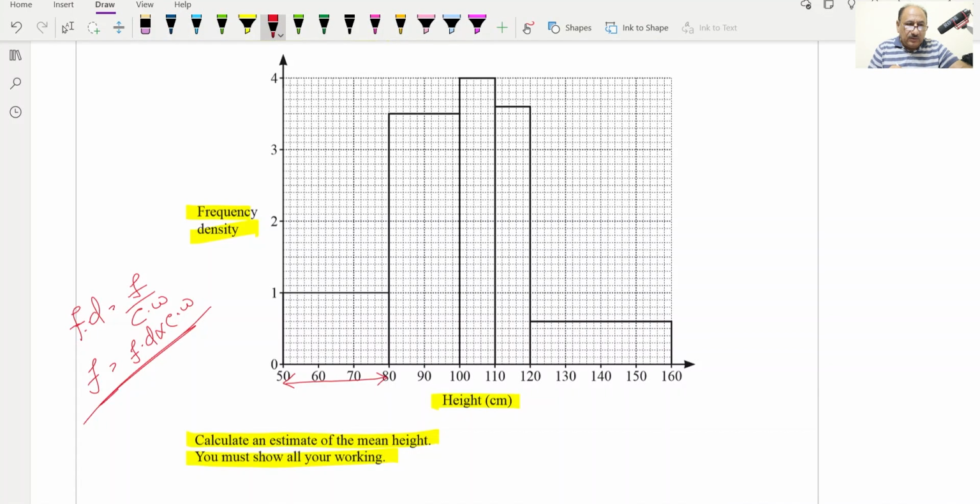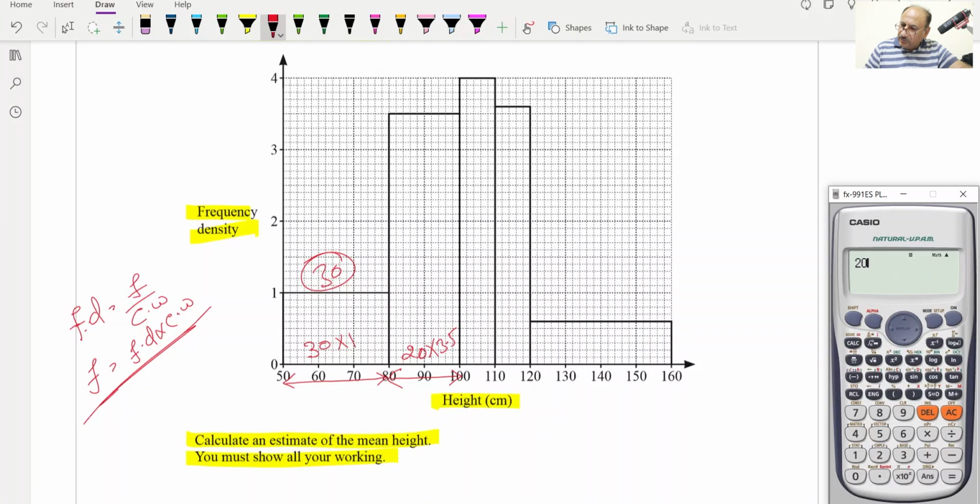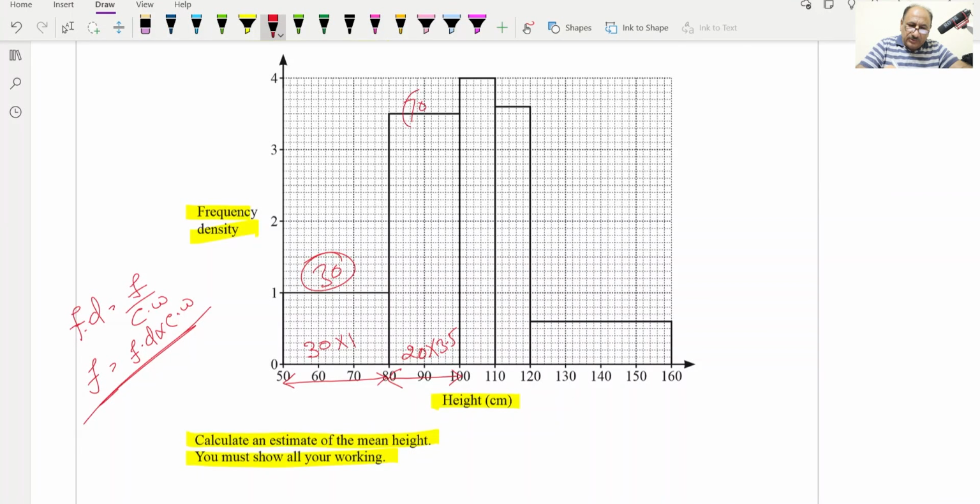This width is 30, so 30 multiplied by 1, so this height will be 30. And next we can take from 80 to 100. 80 to 100 will be 20, so 20 multiplied by height, which is 3.5, is equal to 70. So this height will be 70.